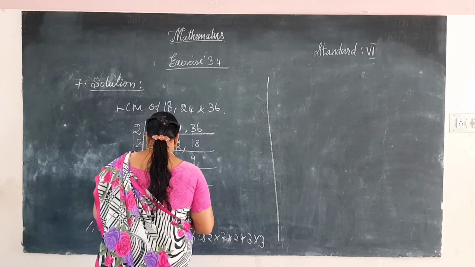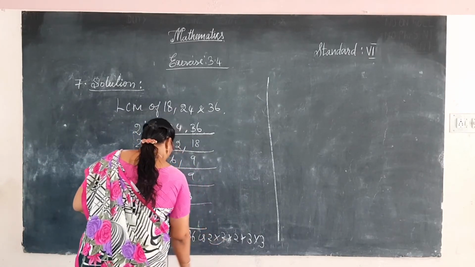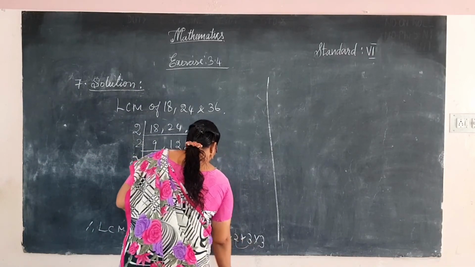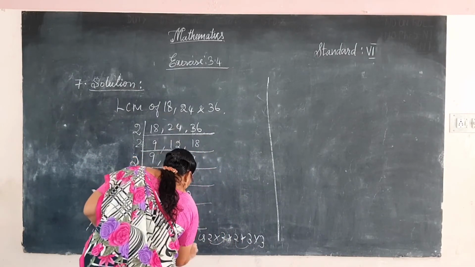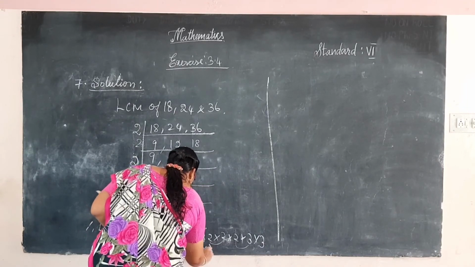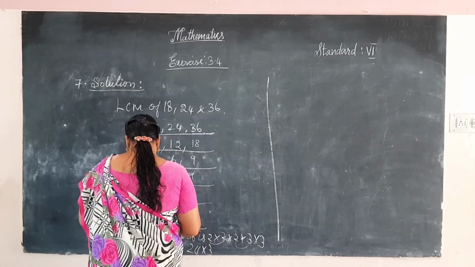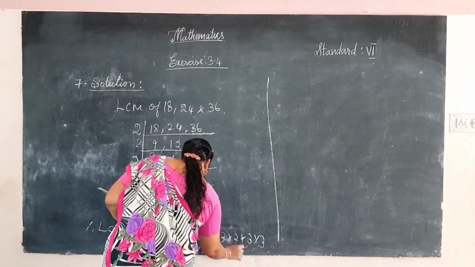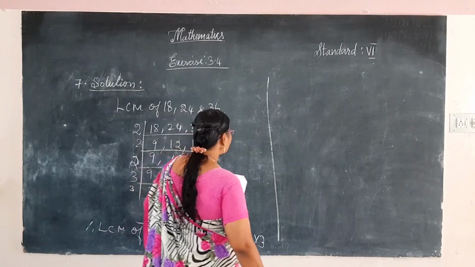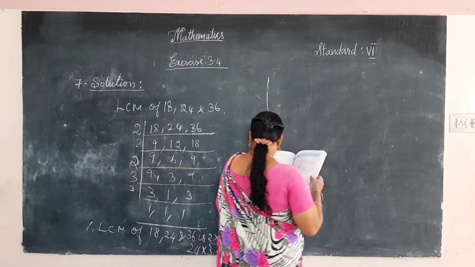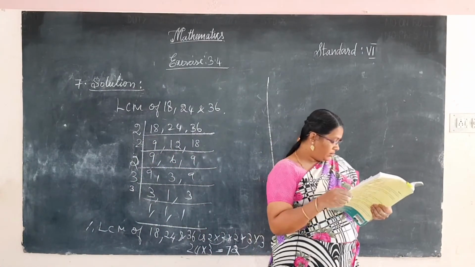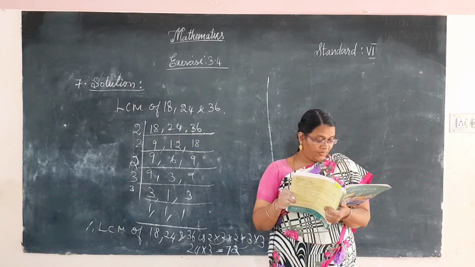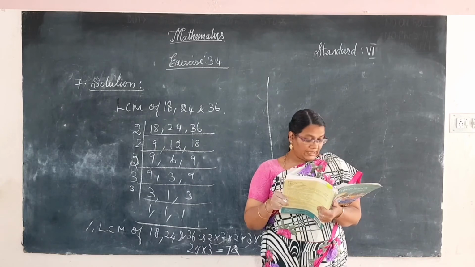So, what is the value? 2 2s are 4, 4 2s are 8. 8 3s are 24, 24 into 3, okay, equal to 72. Okay, so 8th one is homework. 9th, 10th, 11th problem we will do in the next class.